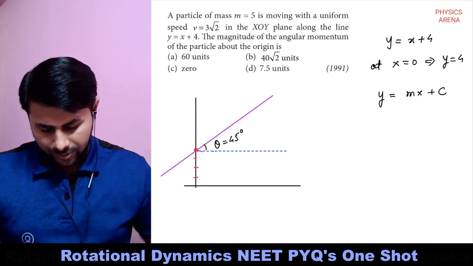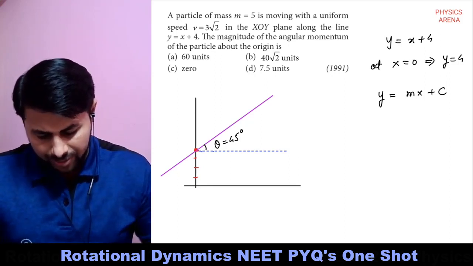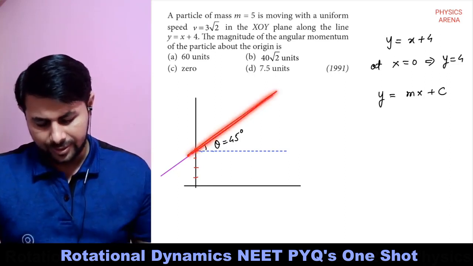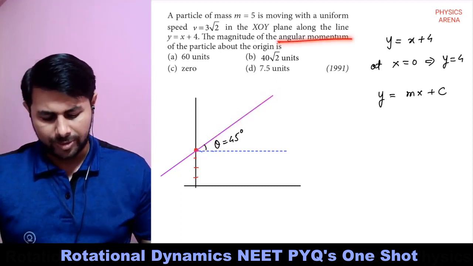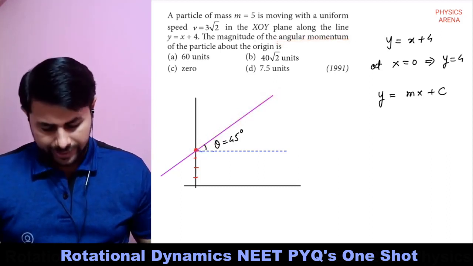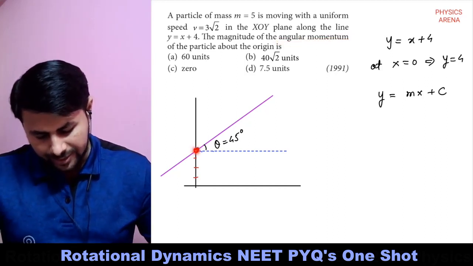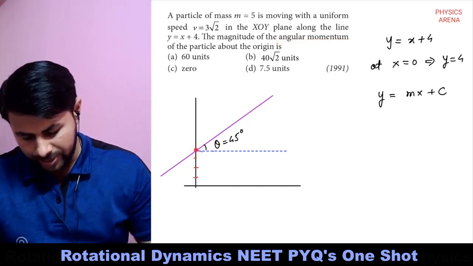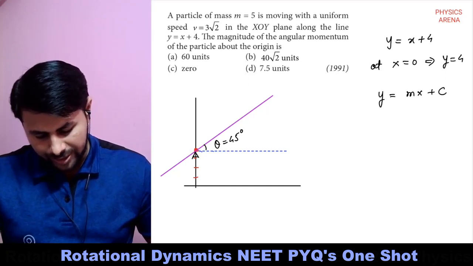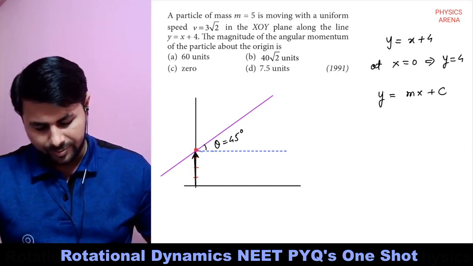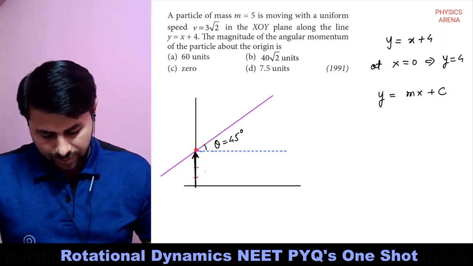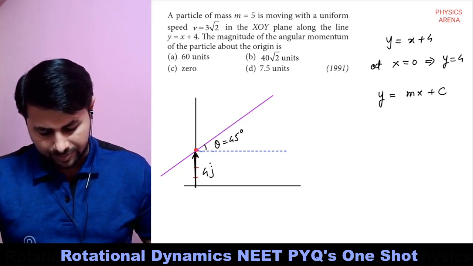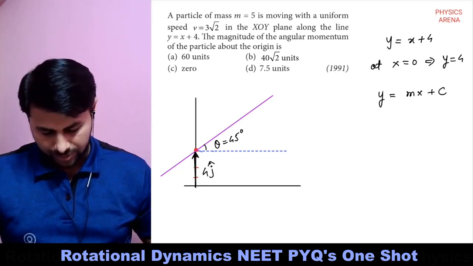All right. So the particle is moving along this line, and you are asked what will be its magnitude of angular momentum. So think, when particle is at this point, what will be its position vector? Its position vector will be this one. Okay, so it is just 4 j cap, you can say, right?